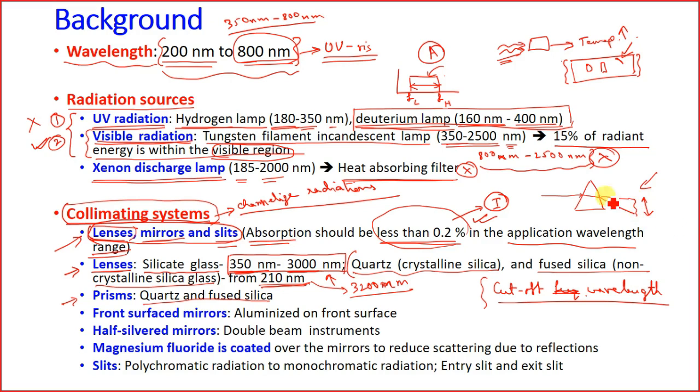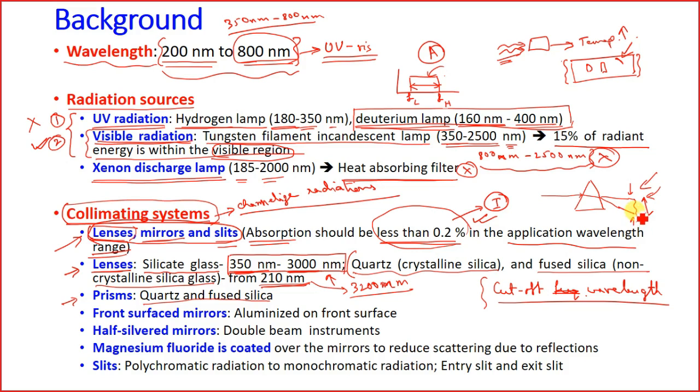So the prism is used to break down the white light into different wavelength components. It is just dispersing the wavelength, so you will be getting different wavelength components at the outlet. Because of this, you can use further systems at a later stage to get those specific wavelength components.